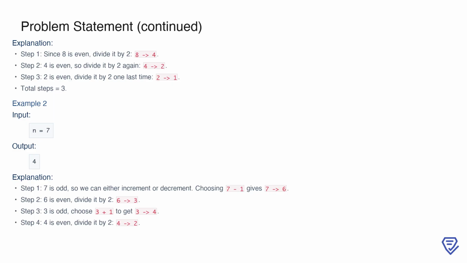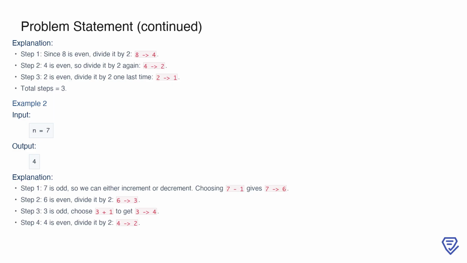Now, consider another example with n equals 7. Here, since 7 is odd, we have a choice, either increment to 8 or decrement to 6. Choosing to subtract 1 gives 7→6. Next, 6 is even, so we divide it by 2, 6→3. Now, 3 is odd, and we opt to add 1, resulting in 3→4.